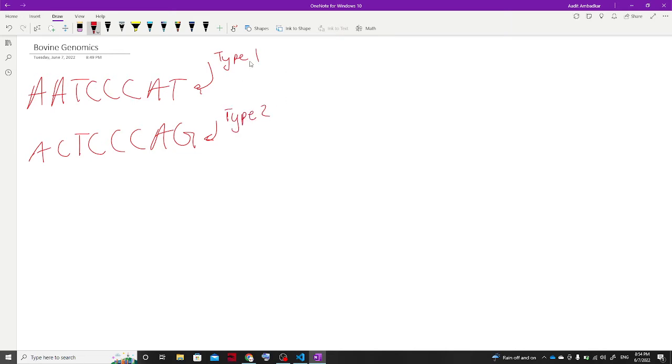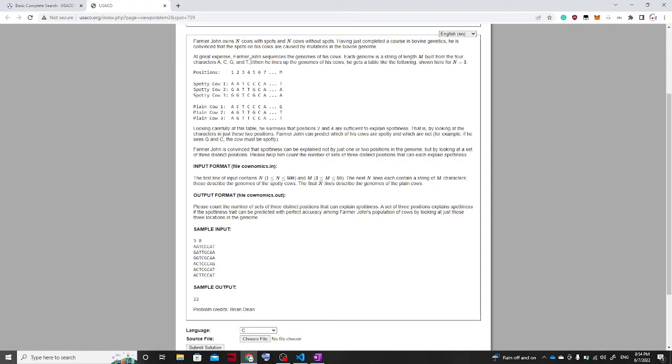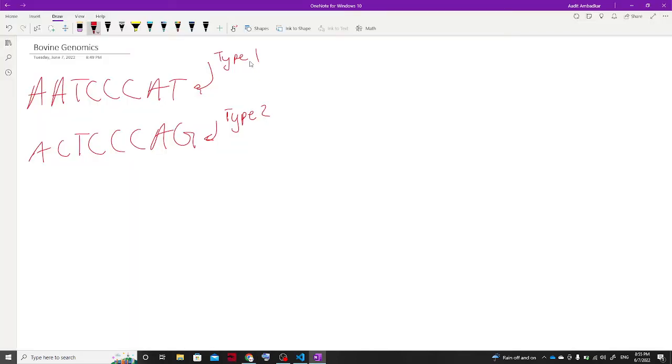So what this problem is asking is how many triplets of indexes exist, such that if we were to look just at those indexes, no type 1 and type 2 cow would have the same sequence. So what does that mean?